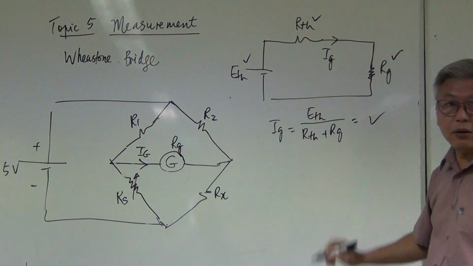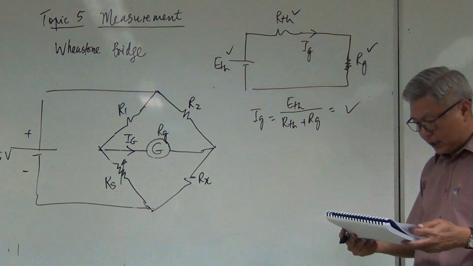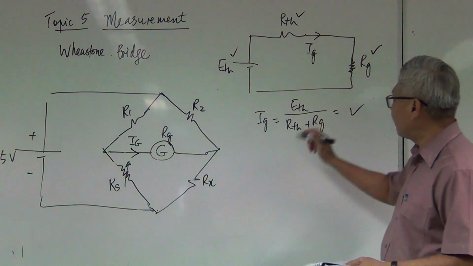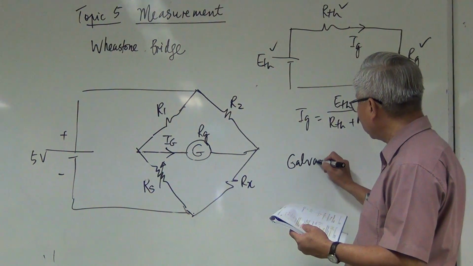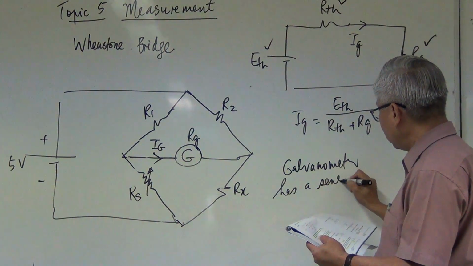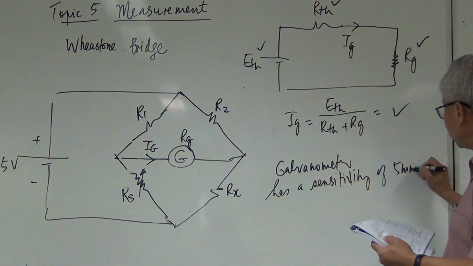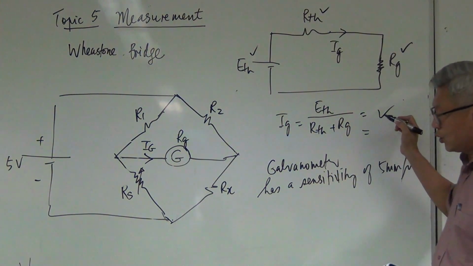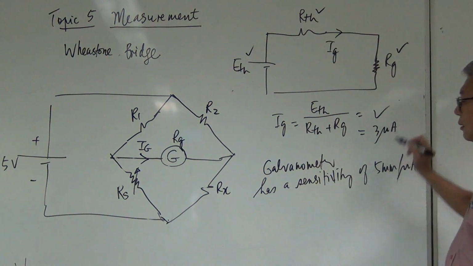Say the galvanometer, this moving coil meter, has a sensitivity of 5 millimeters per microampere, and the Ig I calculated is equal to 3 microampere.